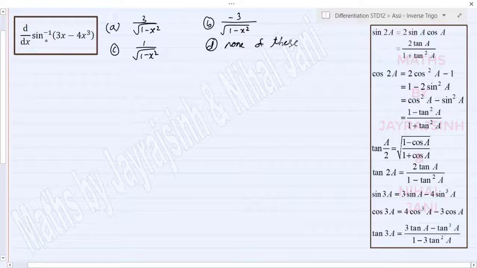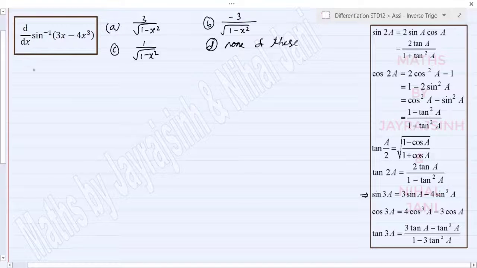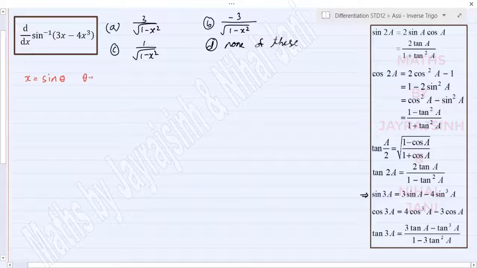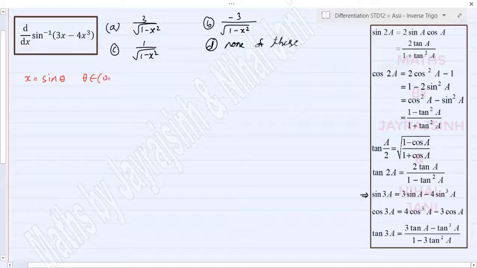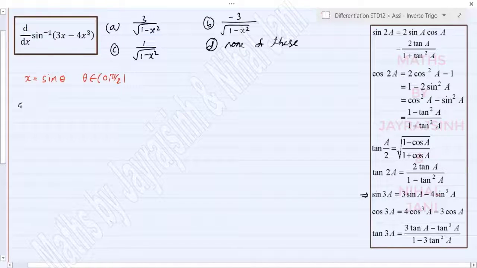Here we have to differentiate sine inverse of (3x - 4x^3), and 3x - 4x^3 is similar to 3 sin a - 4 sin^3 a, right? So it is preferable that we assume x = sin theta, where theta belongs to 0 to pi/2. Let's substitute the value of x in the question.